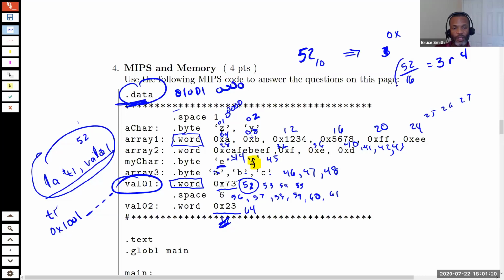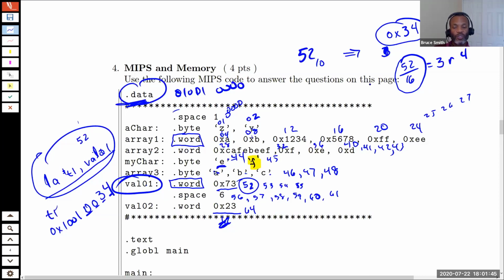these are going to be small enough where you can do this shortcut where you divide by 16 and then take the remainder. So I'm taking a shortcut here. If you double check this and multiply 3 by 16, that's 48, and add 4. So this value as a hex is shown here.